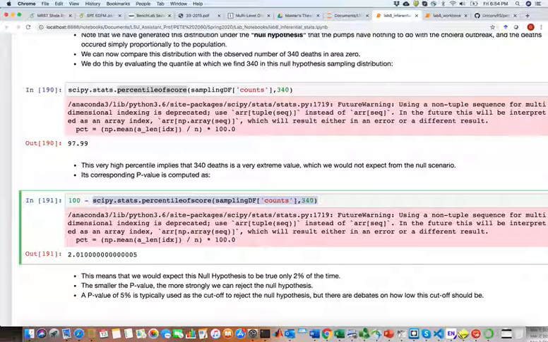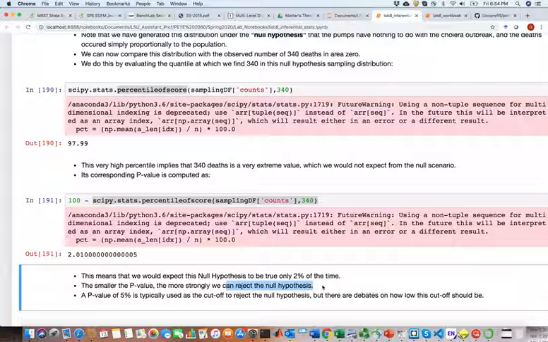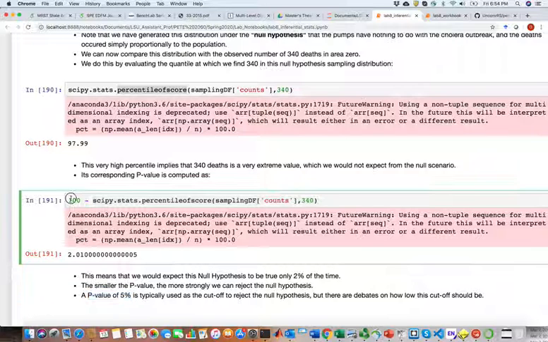The smaller the p-value, the more strongly we can reject the null hypothesis. That's what I was trying to explain. And the cutoff is 5%. There is some debate on that. We're not going to get into it. We're just going to use the p-value of 5%. So if you calculate your p-value like so, and it's less than 5%, then you can reject the null hypothesis.